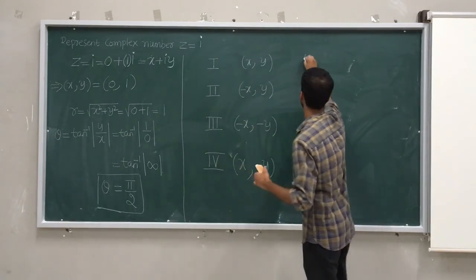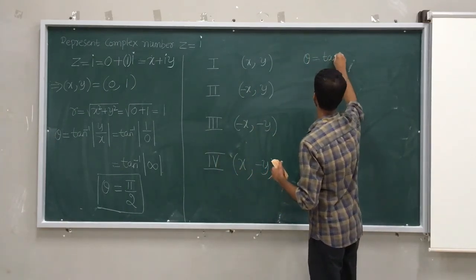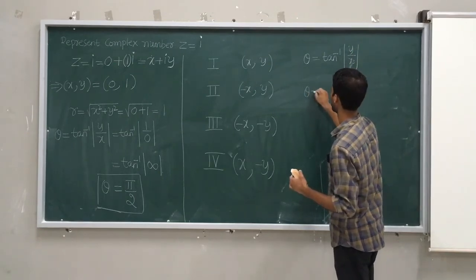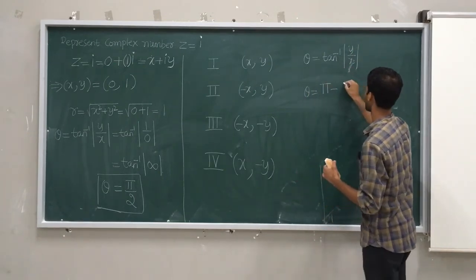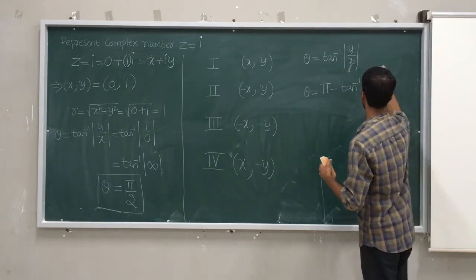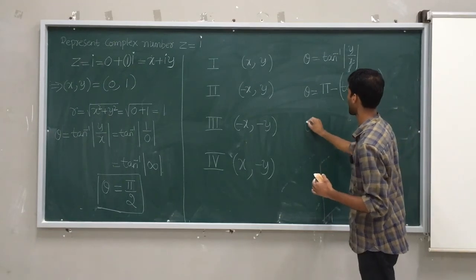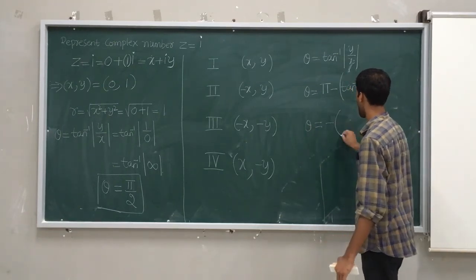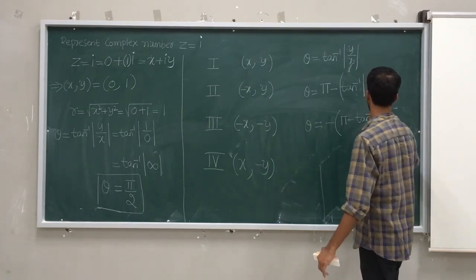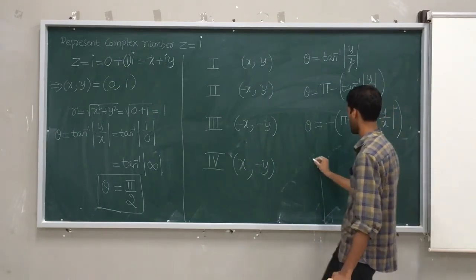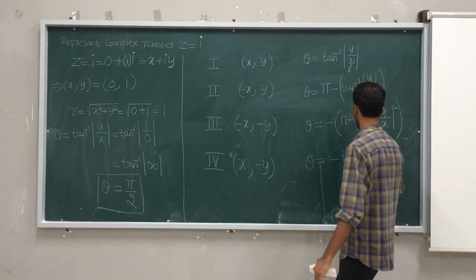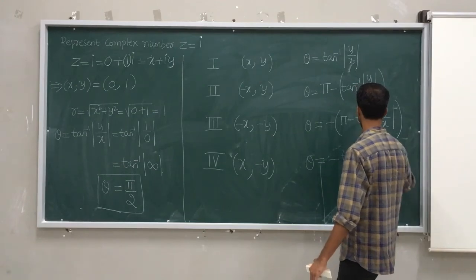In the first quadrant, theta is given by tan inverse of modulus of y by x. In the second quadrant, theta is pi minus tan inverse of modulus of y by x. Keep this in mind. In the third quadrant, theta is minus of pi minus tan inverse of modulus of y by x. And in the fourth quadrant, theta is minus tan inverse of modulus of y by x.